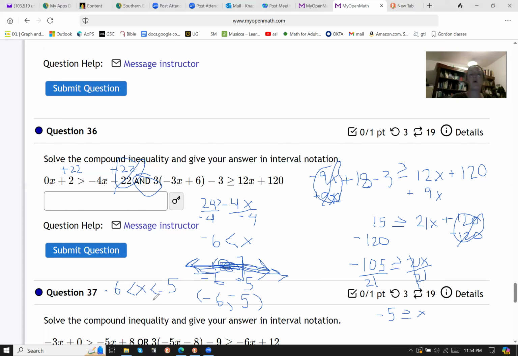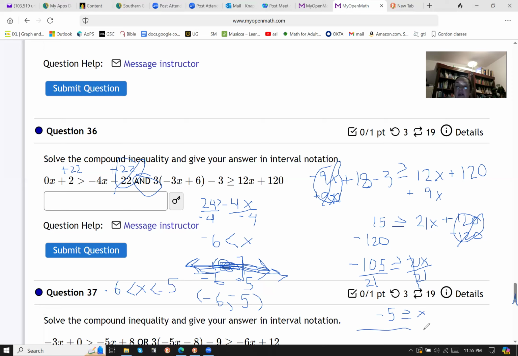Now, what if this whole problem, instead of saying "and," had said "or" instead? Well, you first solve each individual inequality, just like before. We get x is greater than -6, and here we get x is less than or equal to -5. But for our answer, we're going to take all of both graphs.